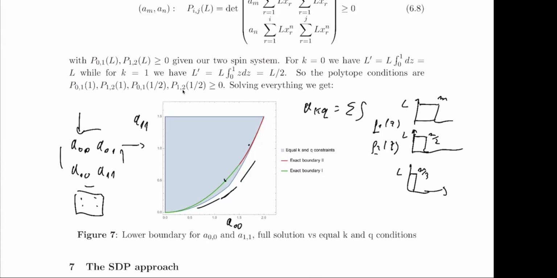Lorenzo, when you say exact boundary 1 and 2, first you assume that the boundary configurations are like this, and then you just solve it, right? That's basically how you get the boundary, and then you do numerics to verify that these are the boundaries.